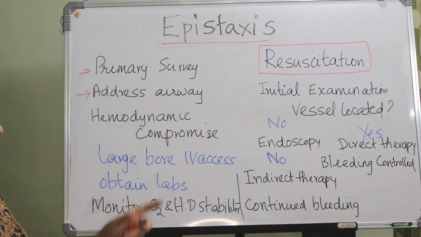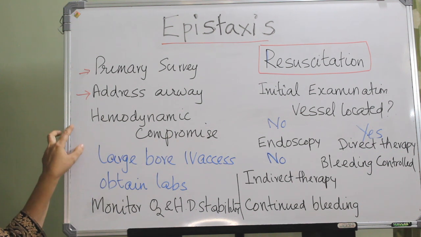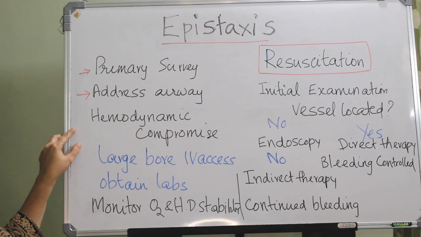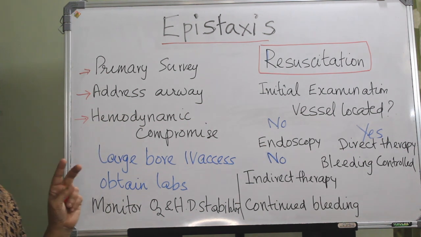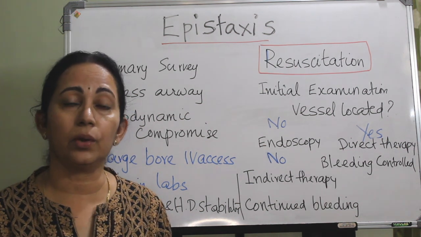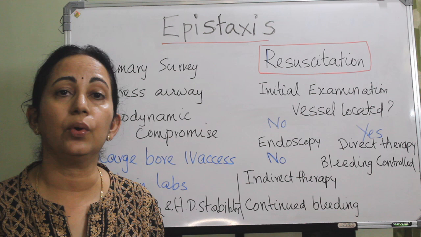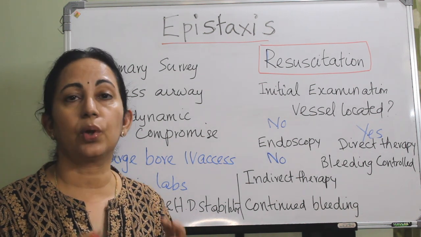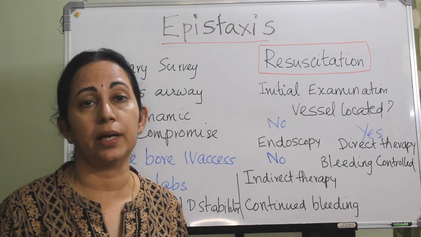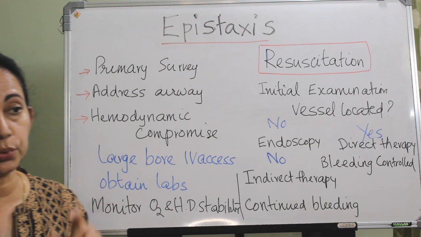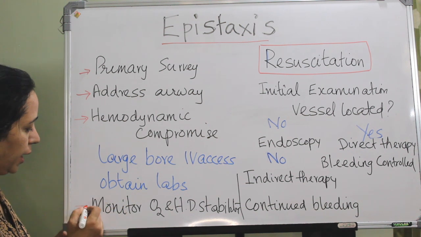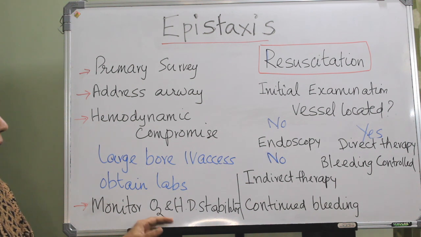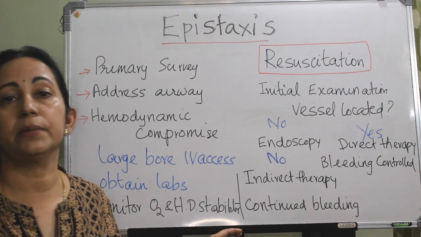So suction is also very important along with resuscitation, and always make the patient hemodynamically stable. For that, large bore IV access, and along with that take blood for laboratory investigation. It is always better to have 2 large bore IV lines. Minimum 2 large bore IV lines are needed, and also monitor oxygen and keep the patient under oxygen, and hemodynamic stability has to be monitored.